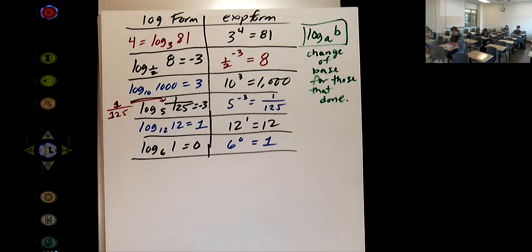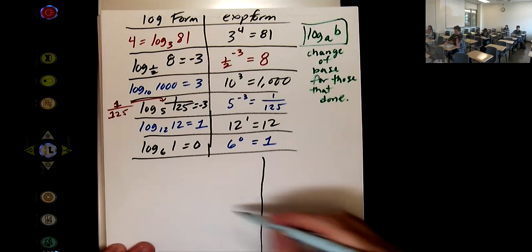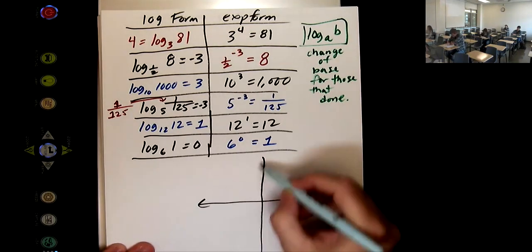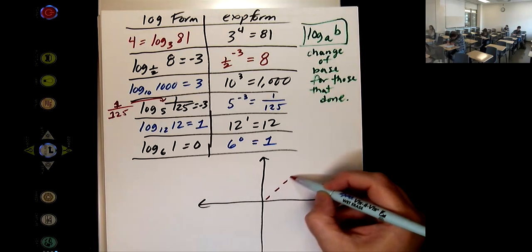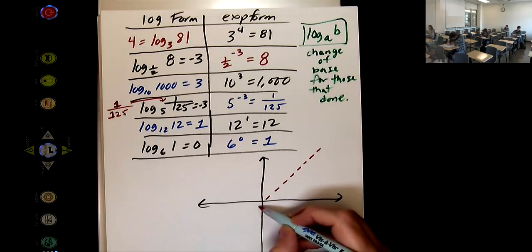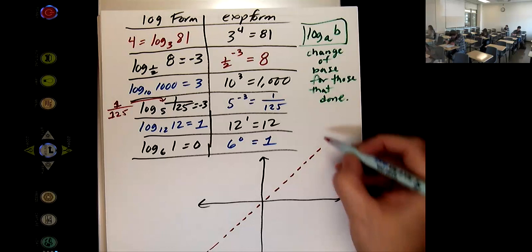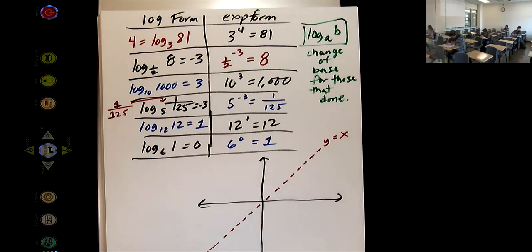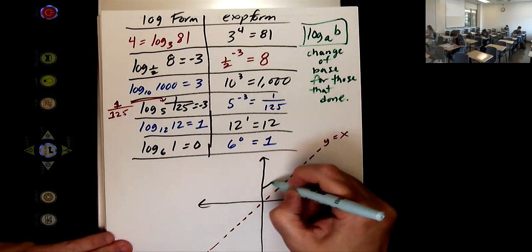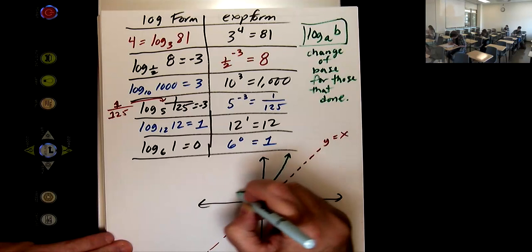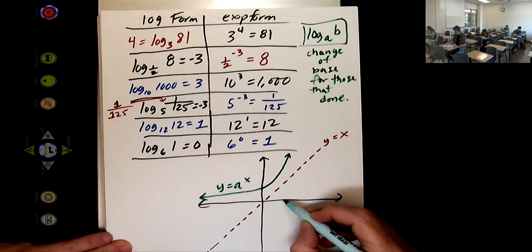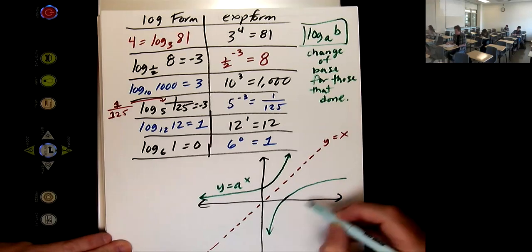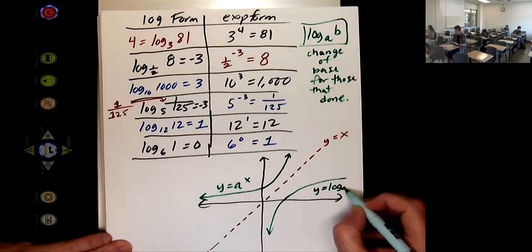All right, so I had said they were inverses of each other. Let's just sketch them. I'm going to draw in that y equals x line because inverses are mirrors of each other over the y equals x line. We had y equals a to the x there, and y equals log base a of x here.